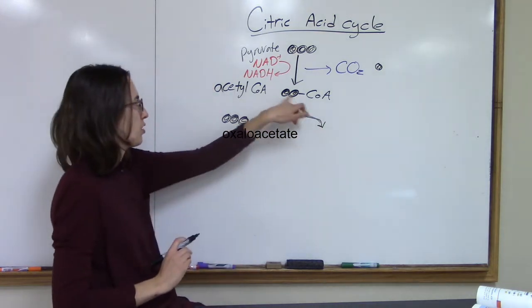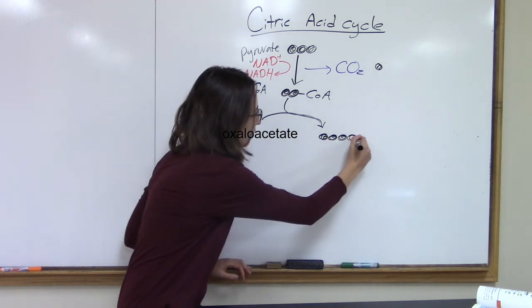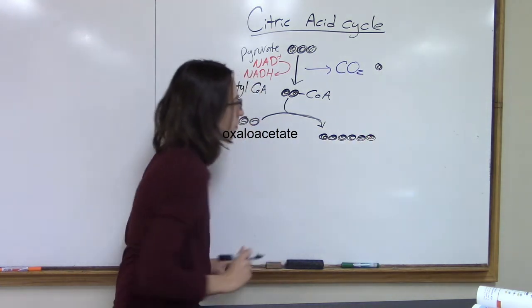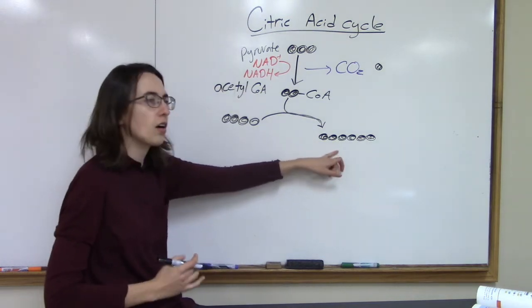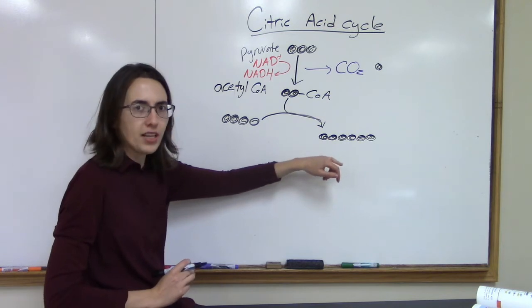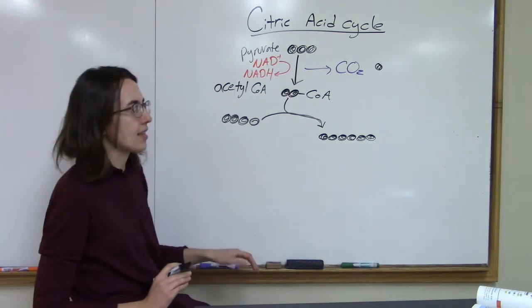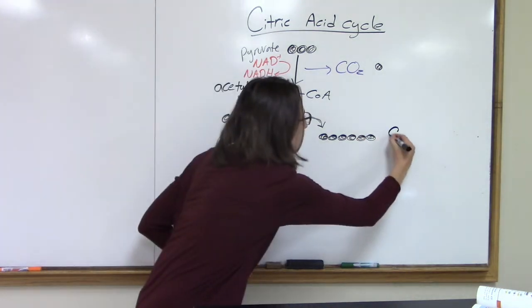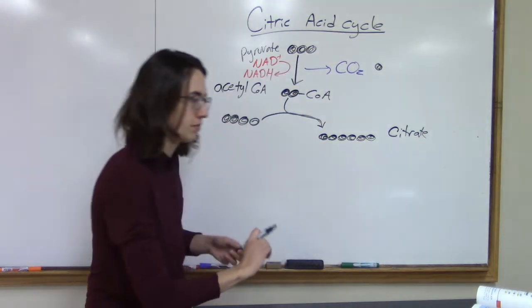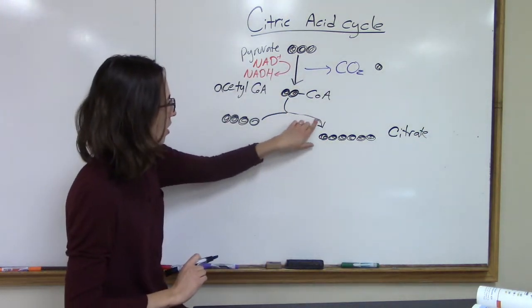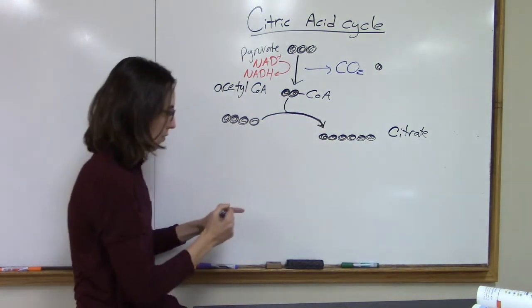These 2 join together. 2 plus 4 is 6 carbons. This 6-carbon molecule is not glucose anymore. This is a different 6-carbon molecule. It is called citrate, which is also known as citric acid. Hence, it's the citric acid cycle. I believe a water molecule also enters the process at this stage, but we're not going to worry about that water molecule.